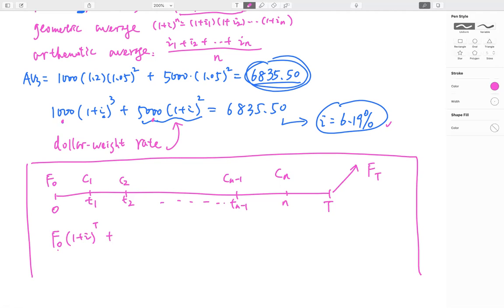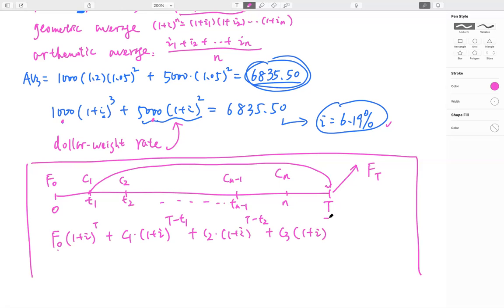So for C1, it would be 1 plus i to the power of capital T minus t1, from this time to the end. For t2, it would be capital T minus t2. For t3, it would be 1 plus i to the power of T minus t3, and it goes on to tn. This would be my final fund value.